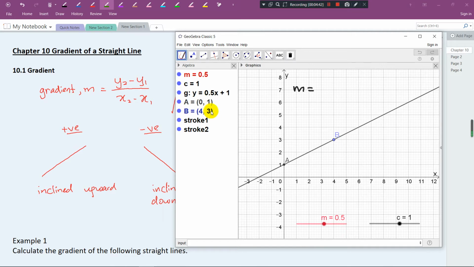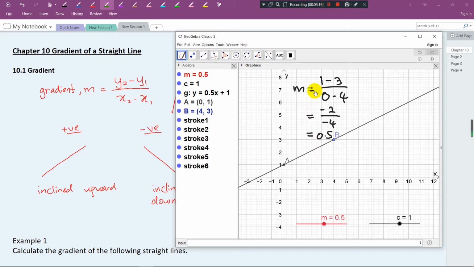But remember, if I take 1 minus 3 for the y part, I have to do the same thing for the x part, 0 minus 4. Let's check to see whether you get the same answer or not. 1 minus 3 is equal to negative 2, and this will give us negative 4. You press your calculator, negative 2 divided by negative 4, you get 0.5, which is the gradient of this straight line.